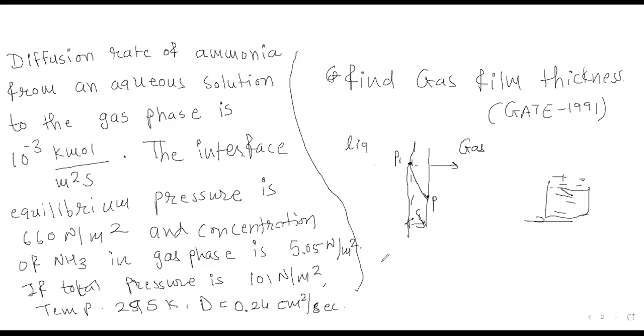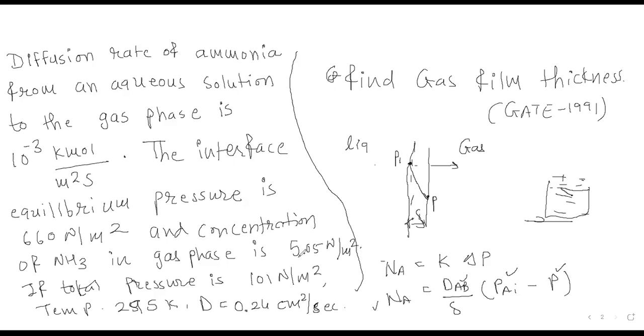So what we have to use, I will give you the equation. Na is equal to K multiply by delta P, where delta P is equal to K delta P. Okay, so Na is equal to DAB divided by the thickness of the film, into Pi minus P. The Na value is given, the DAB value is given, Pi value is given, P is given.